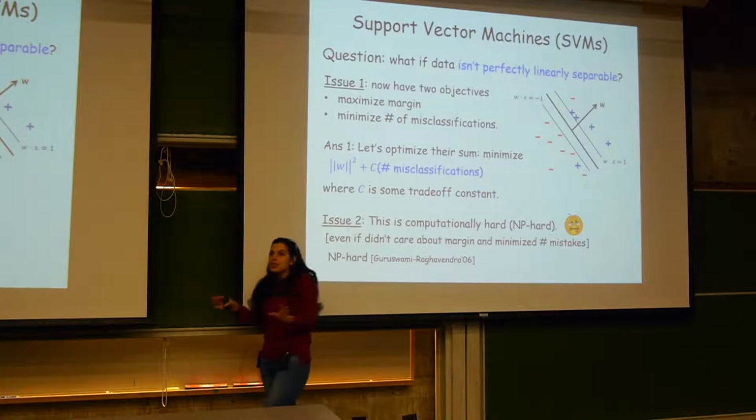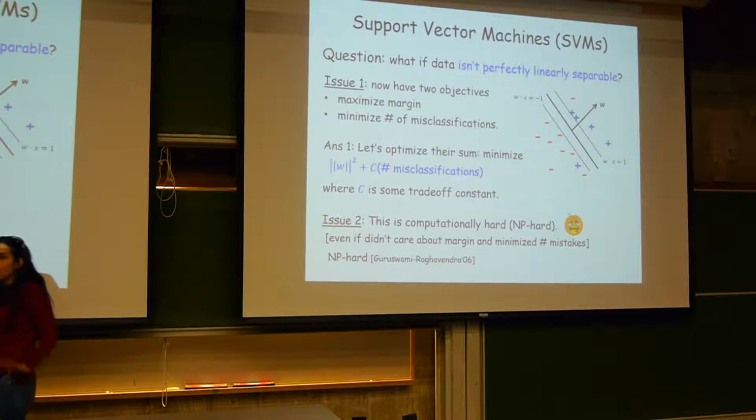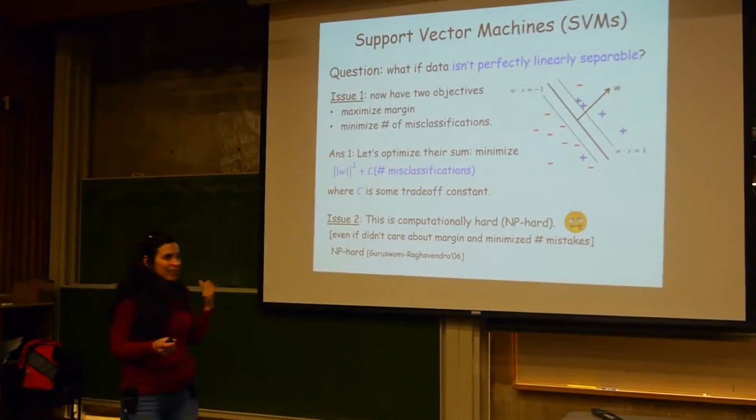So once you have noise, especially adversarial noise, if you really care about the objective of minimizing the number of misclassifications, those problems could be super hard computationally. But of course, we have noise all the time in practice, and so machine learning people have smart ways to handle this.